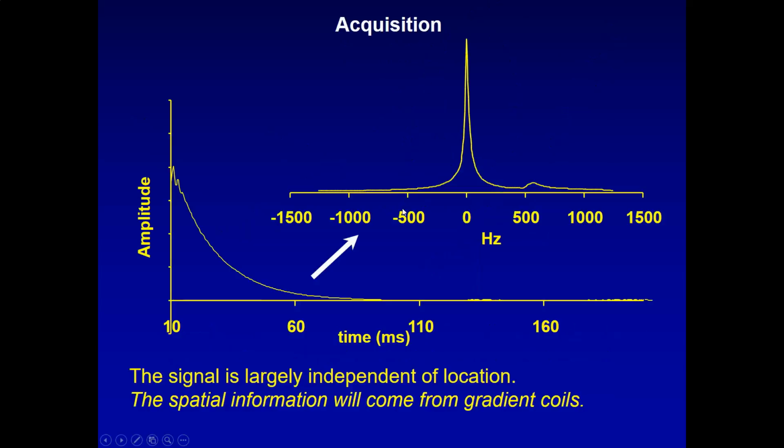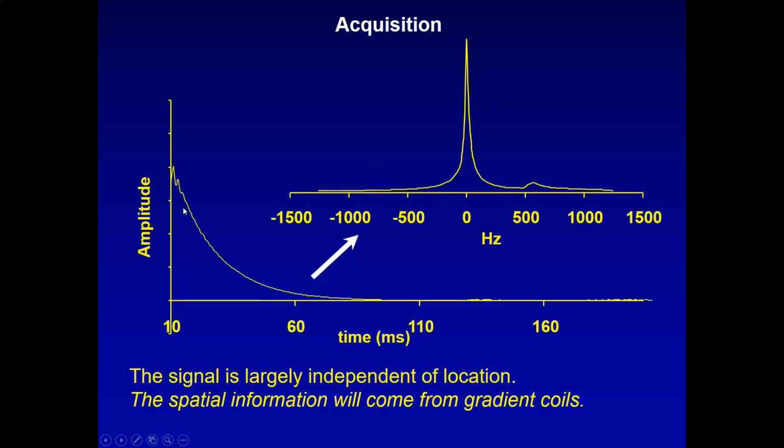That's clearly not an image. It's a water signal. If you show that to someone, they would say, well, it looks like there's water and probably lipid. That could describe a leg, an arm, a foot, or a head. That's a spectrum showing the frequency distribution of what we observe.